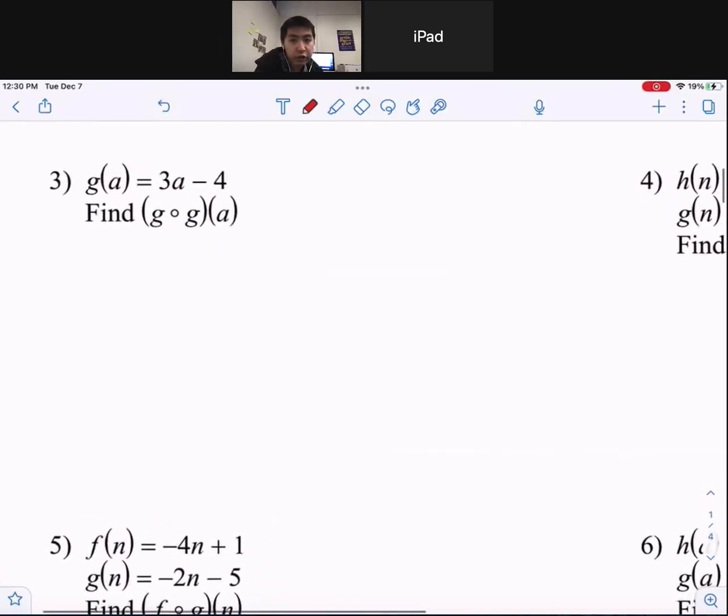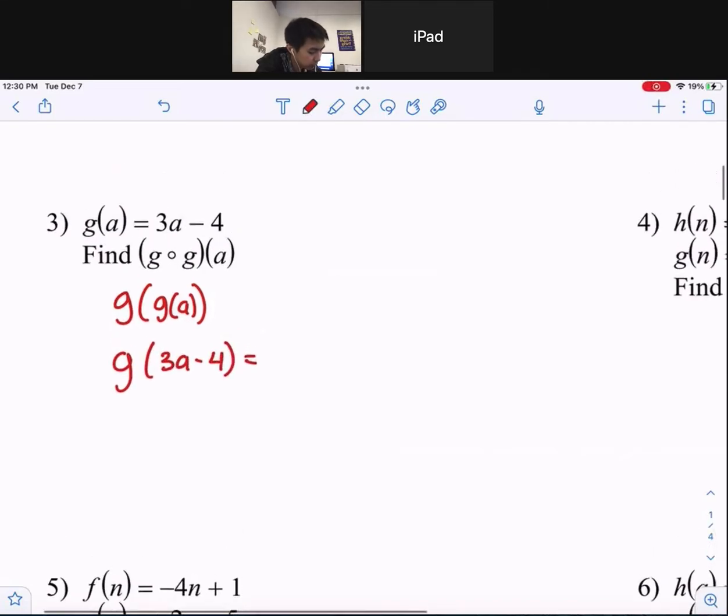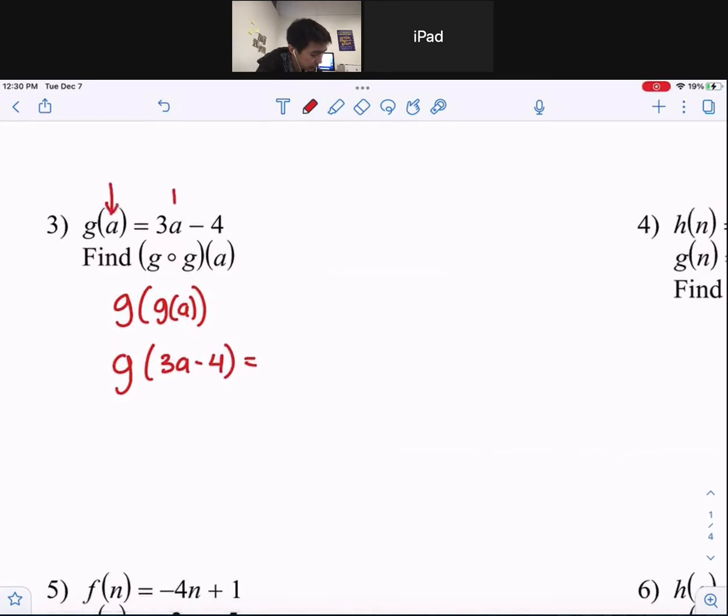Number 3, g of g of a. So let's plug in. For g of a, this is g of a, right? So plug it in right into the function. 3a minus 4. Now in the g function, all of these a's are now 3a minus 4.